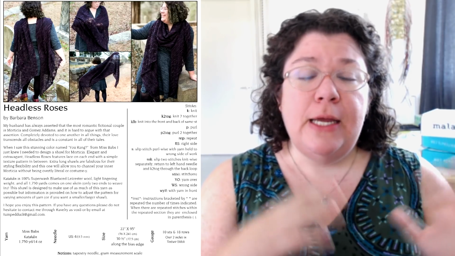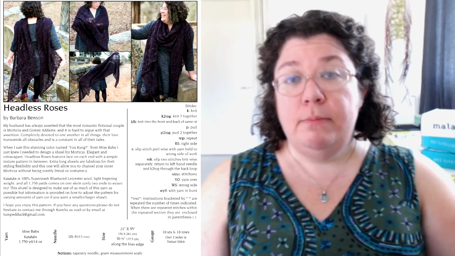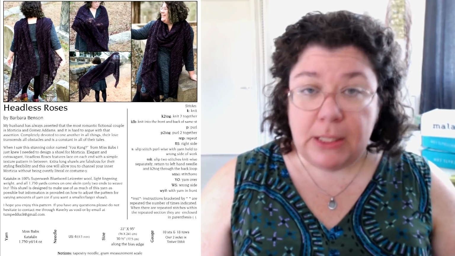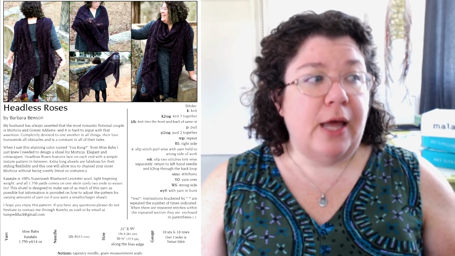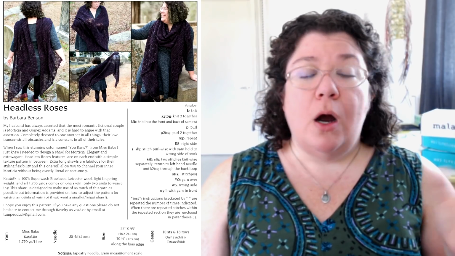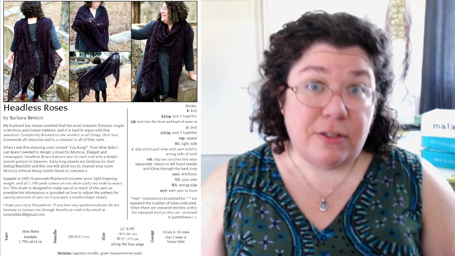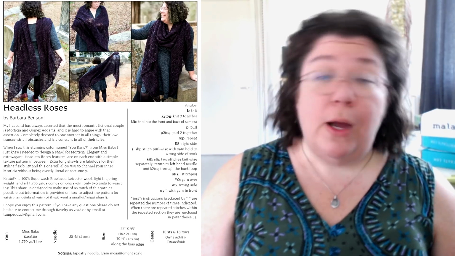Also contained in this pattern are other kinds of abbreviations. K means knit. That is pretty universal across the board. Then you've got knit 2 together, knit front back, purl 2 together, REP standing for repeat. That's fairly common. And then you've got RS, and all the way down you have WS.